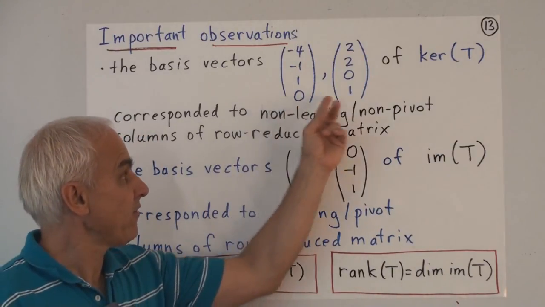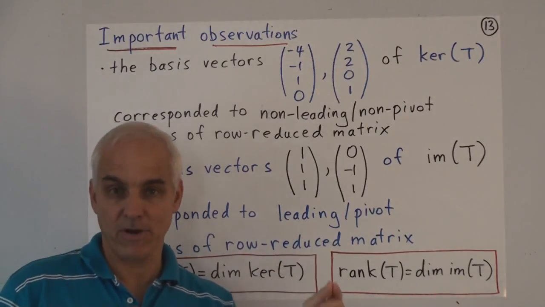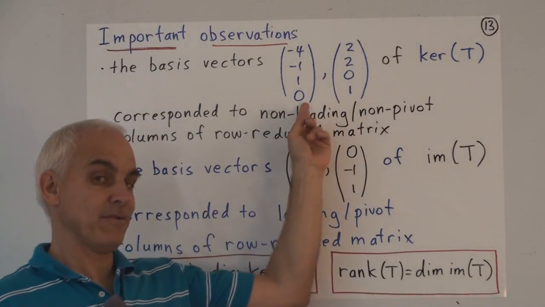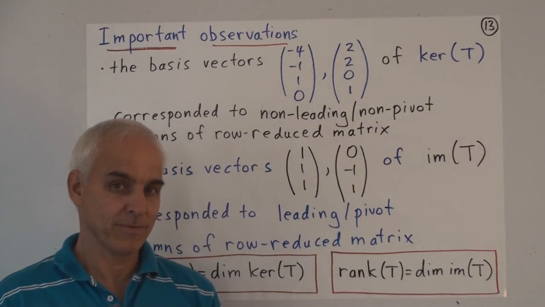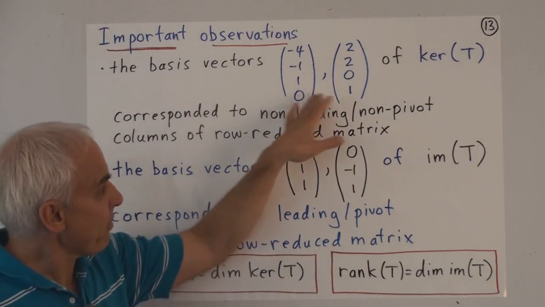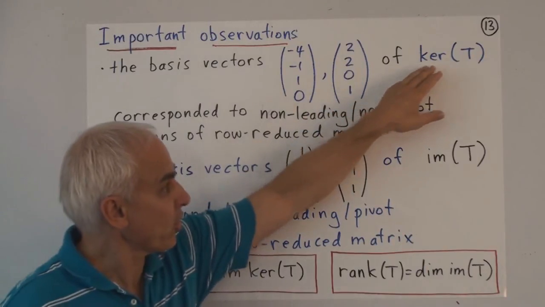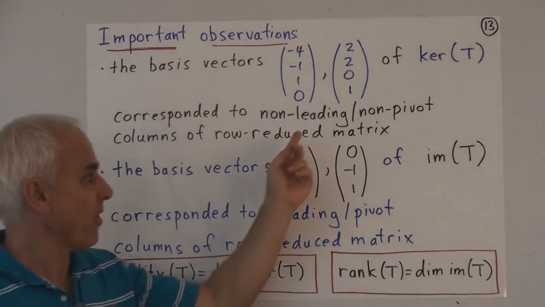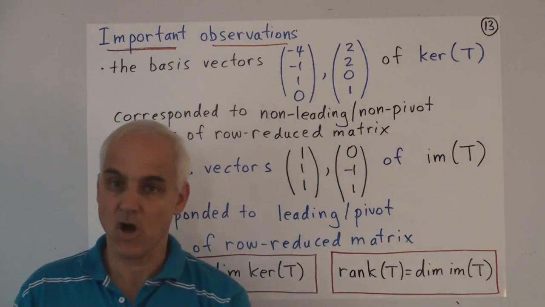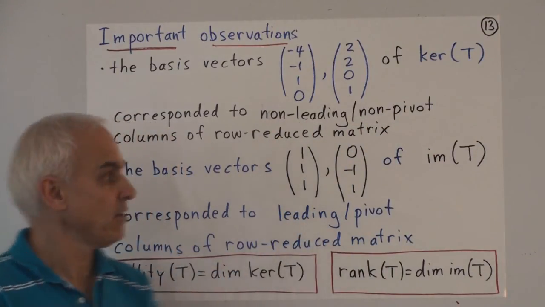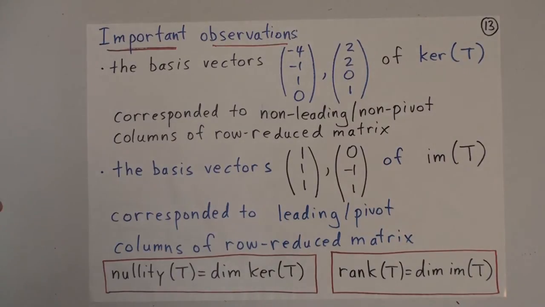And there was one of these vectors for each of the parameters. That one went with the parameter lambda, and that was associated to the parameter mu. So the number of vectors here in the kernel of T corresponds to the number of parameters, or the number of non-leading or non-pivot columns in the row reduced matrix.